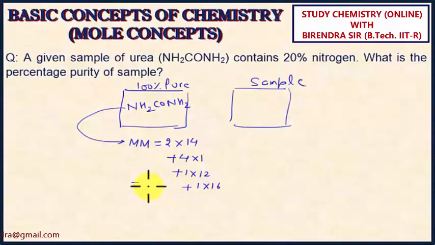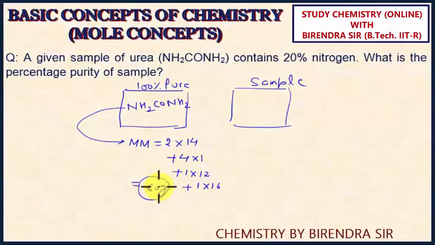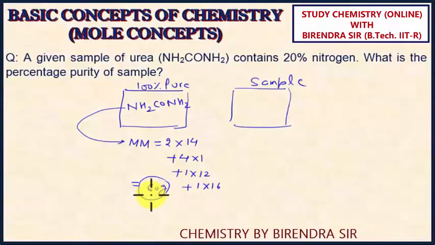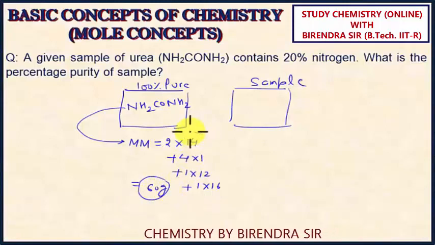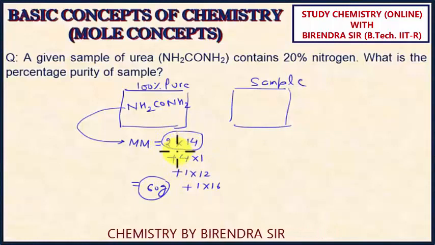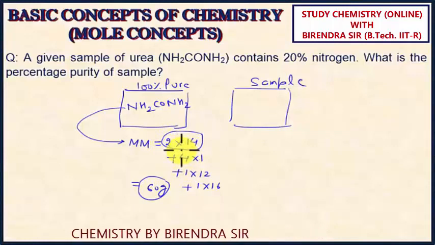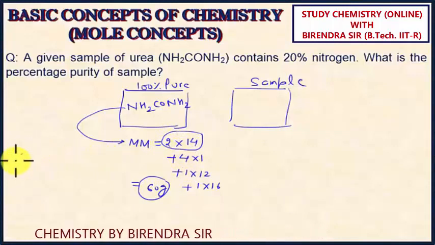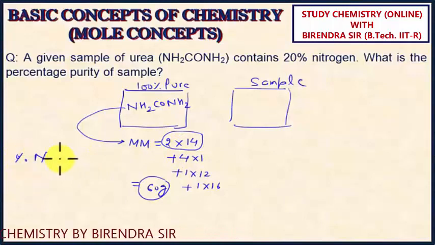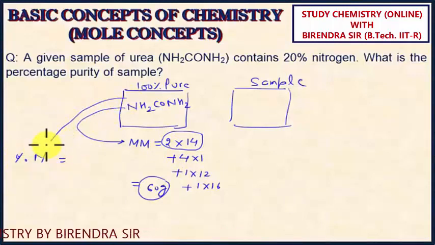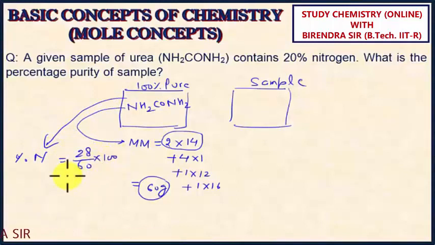This way the value comes as 60 gram. Now in this 60 gram, what is the contribution of nitrogen? 2 into 14 means 28. So the percentage of nitrogen in this pure sample will be 28 upon 60 into 100.